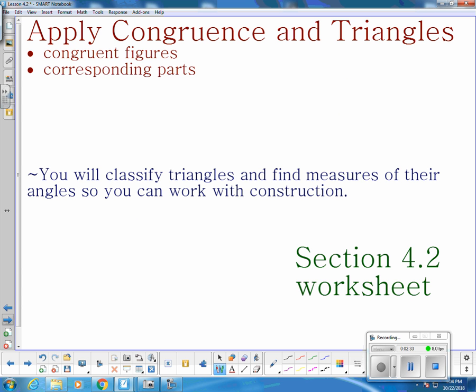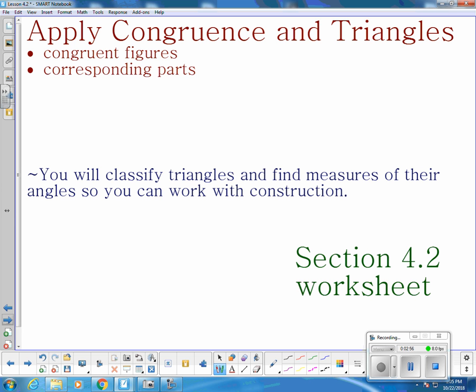Today we're going to talk about congruent triangles and what it means to be a congruent triangle or congruent figure for that matter. Basically, if you are a congruent figure, corresponding parts are congruent. Your corresponding angles are all congruent. Your corresponding sides are congruent.